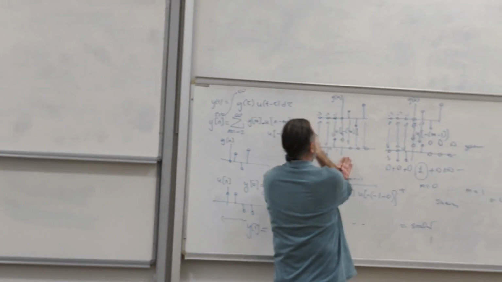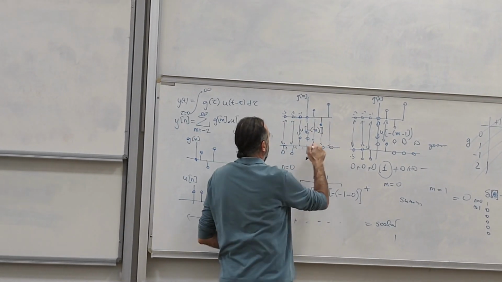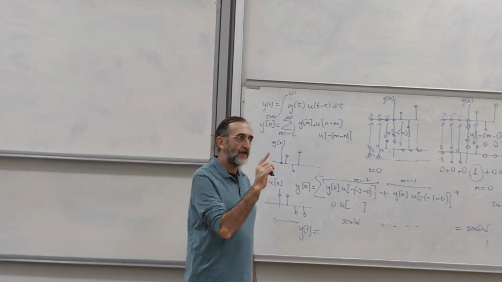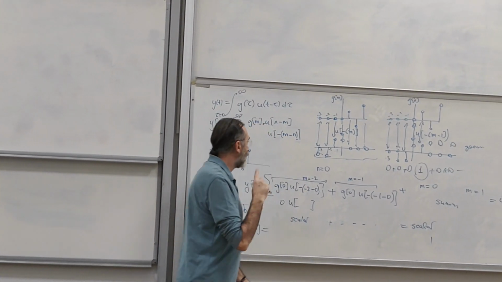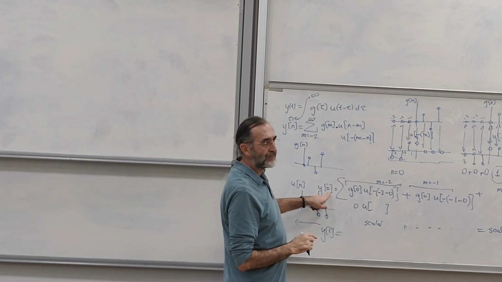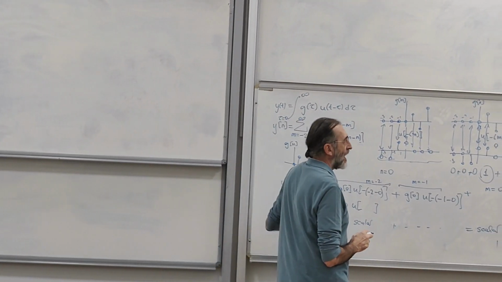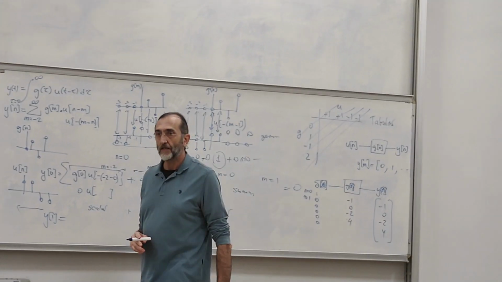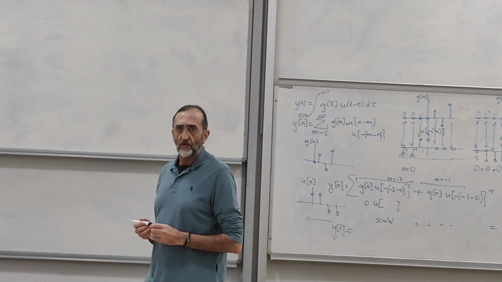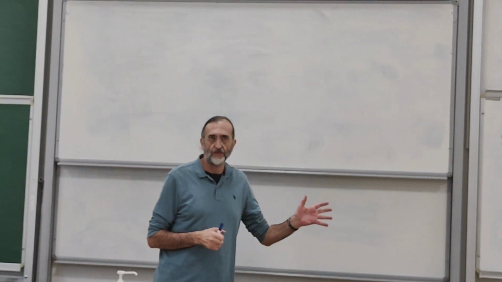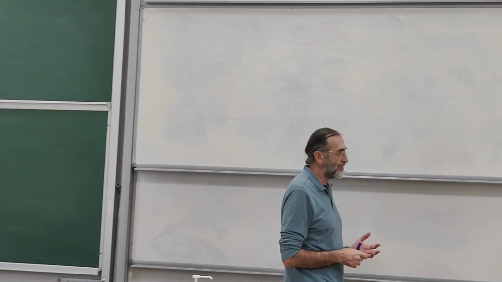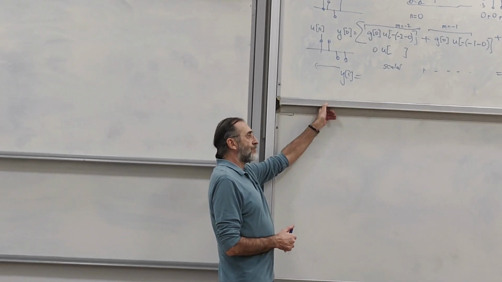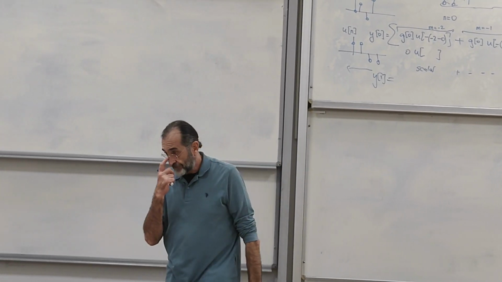Okay? Shift, multiply, and then sum all the output to get one scalar for each n. Alright? That's going to be your output at time n. Is that clear? Once you do the example, and trust me, you need to do the example, then you're going to be able to do anything in the example.